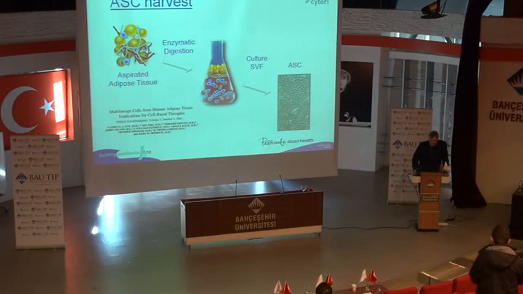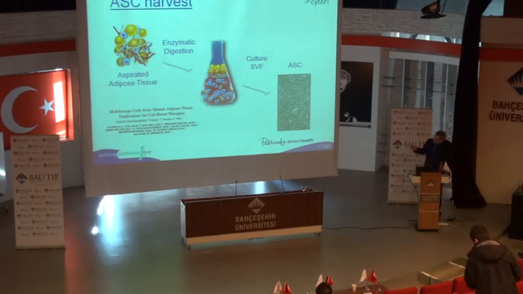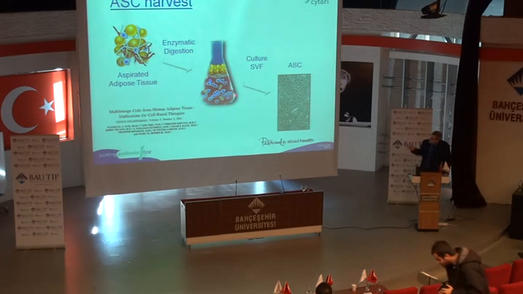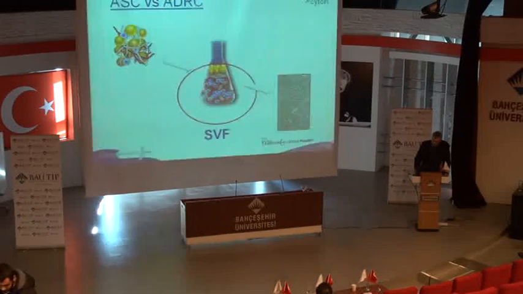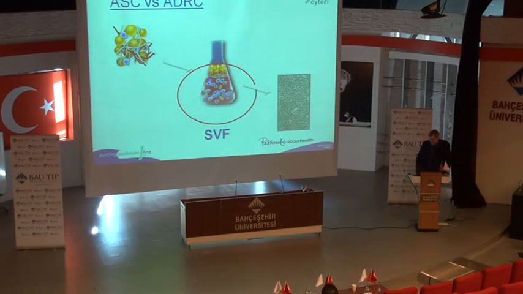When we want to get to the stem cell fraction, we need to follow the process of lipoaspiration, then enzymatic digestion of the stromal vascular fraction, which is all the nucleated non-fat cells, and then it needs to be cultured and expanded. Over the last 10 years, there has been a lot of interest in the stromal vascular fraction itself.